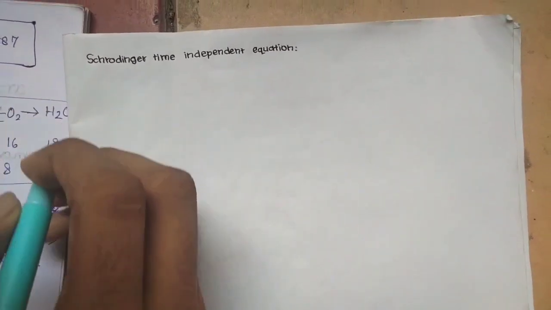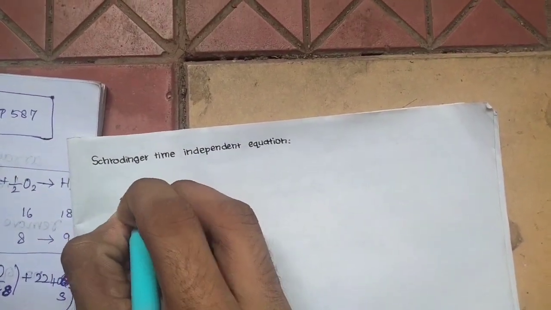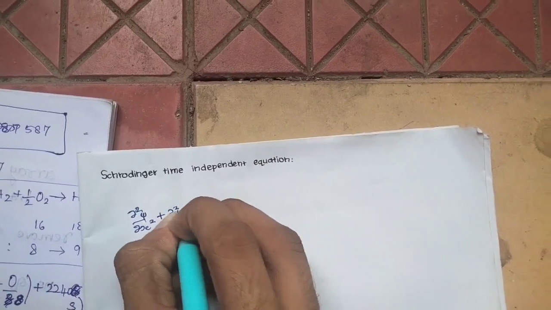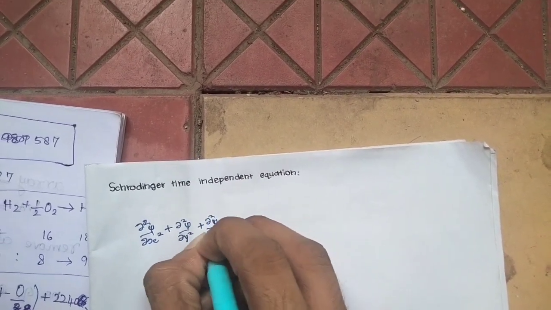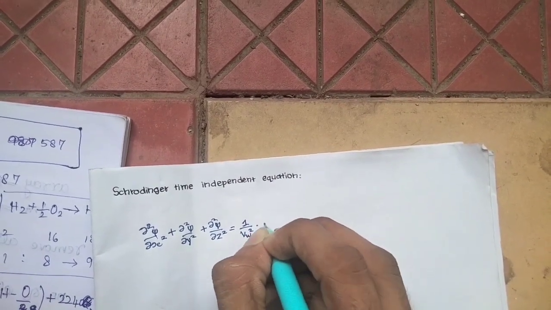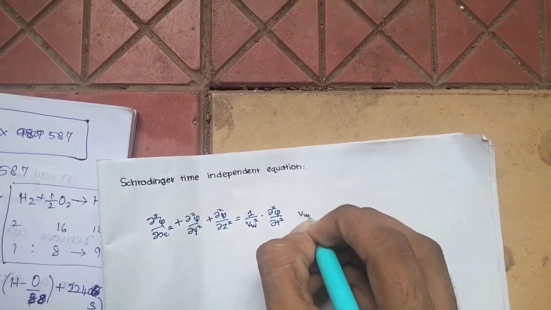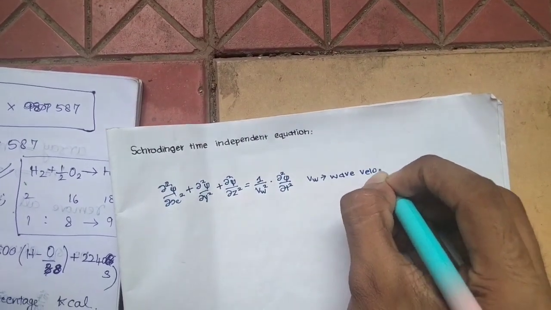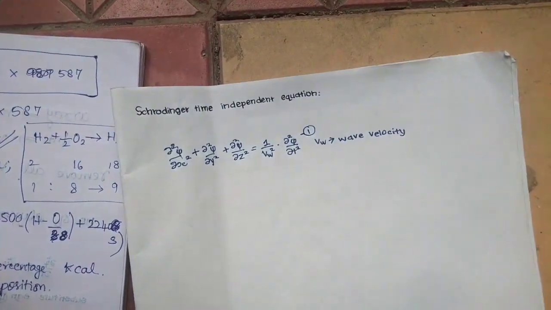So let's first write the classical wave equation, which is ∂²ψ/∂x² + ∂²ψ/∂y² + ∂²ψ/∂z² = 1/Vw² × ∂²ψ/∂t², where Vw is the wave velocity. Let's name this equation as equation 1.